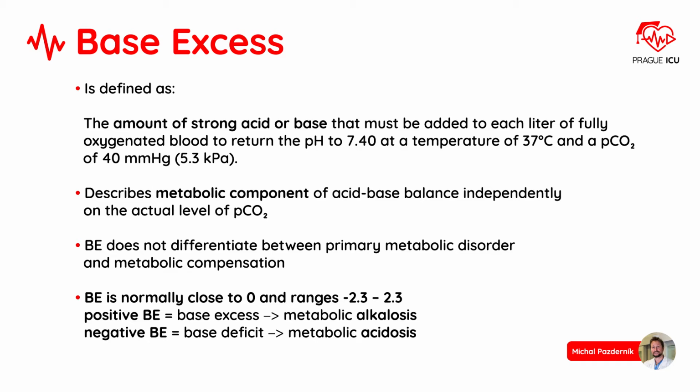Base excess doesn't differentiate between primary metabolic disorder and metabolic compensation. BE is normally close to zero and ranges from minus 2.3 to plus 2.3. Positive base excess is associated with metabolic alkalosis, and in contrast, negative base excess corresponds to metabolic acidosis.